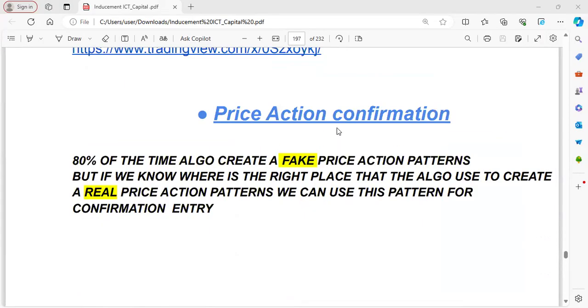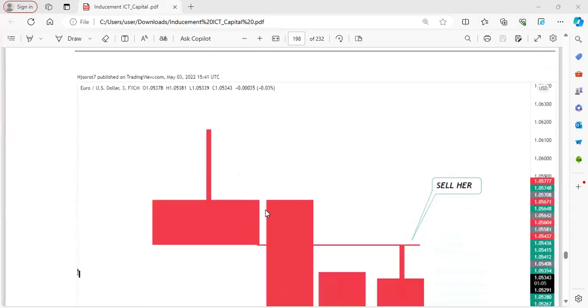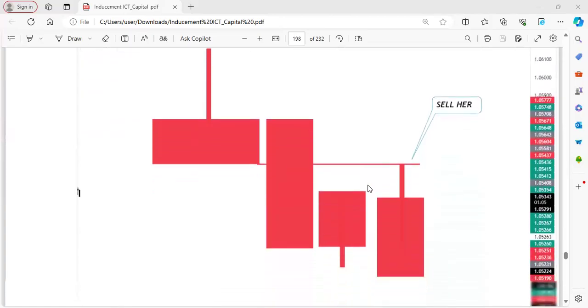You can see so many things happen like this in the market. So price action confirmation: 80% of the time, algo creates fake price action patterns. But if we know the right place where the algo creates a real price action pattern, we can use this pattern for confirmation entry, if you know what I mean.